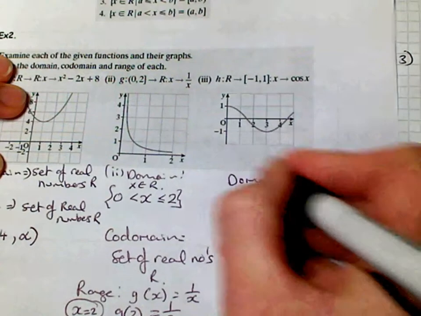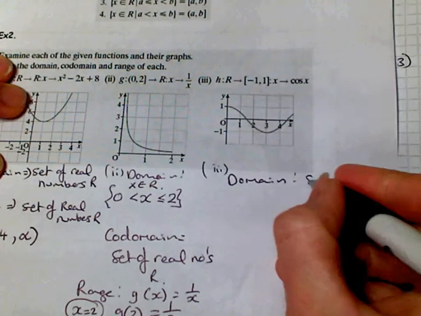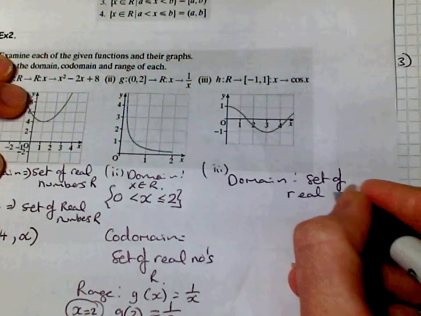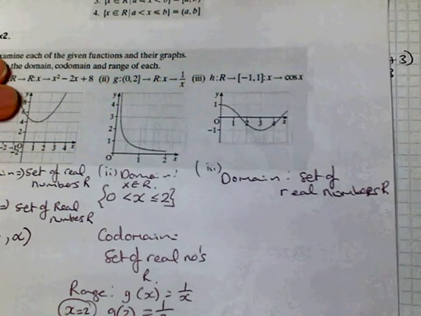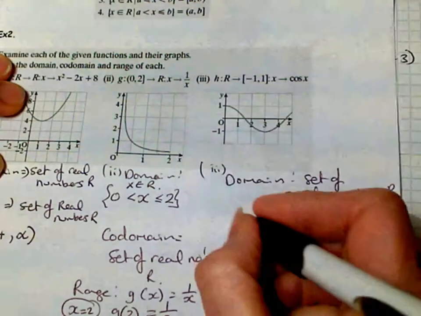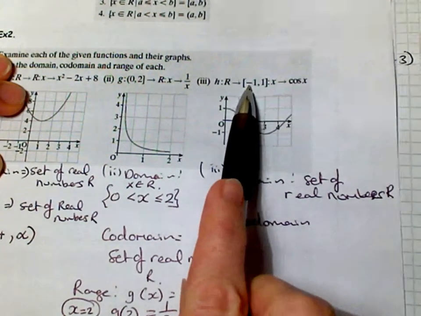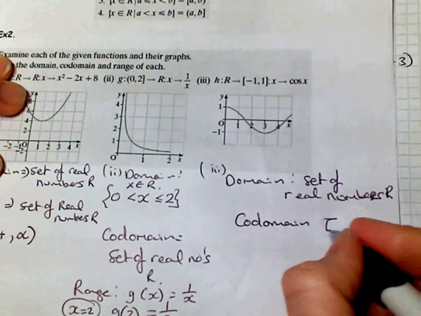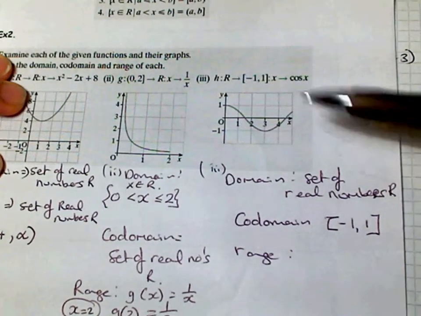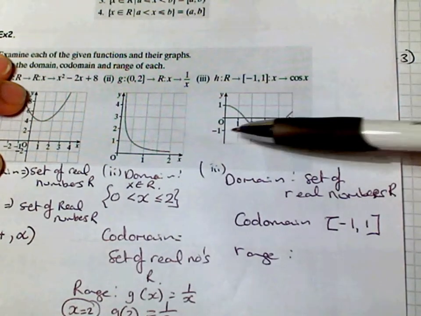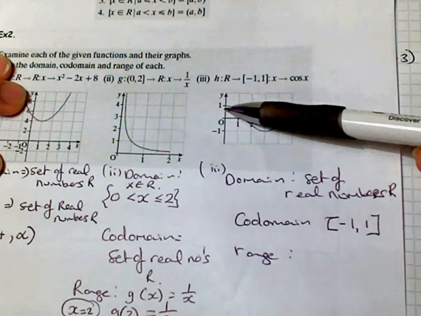The domain is the set of real numbers R. Now the codomain, you're told that it is between -1 and 1, so you can just write that down, -1 and 1. And the range, if you look at the graph, is also between -1 and 1, and the dead giveaway is that it's a cosine graph.